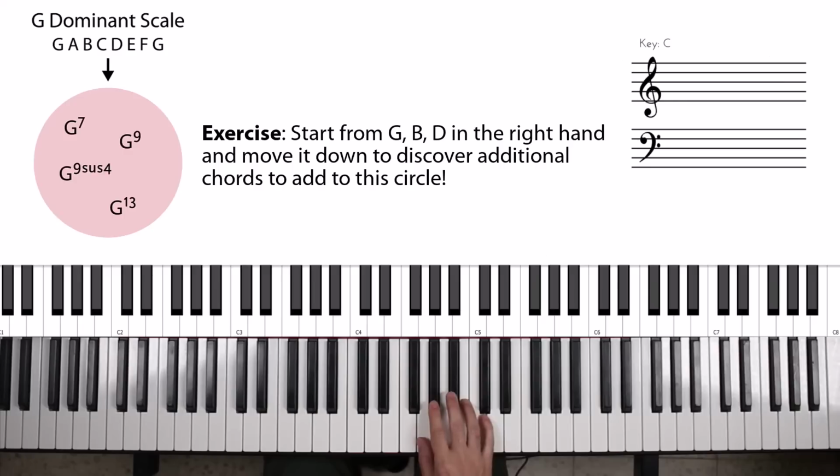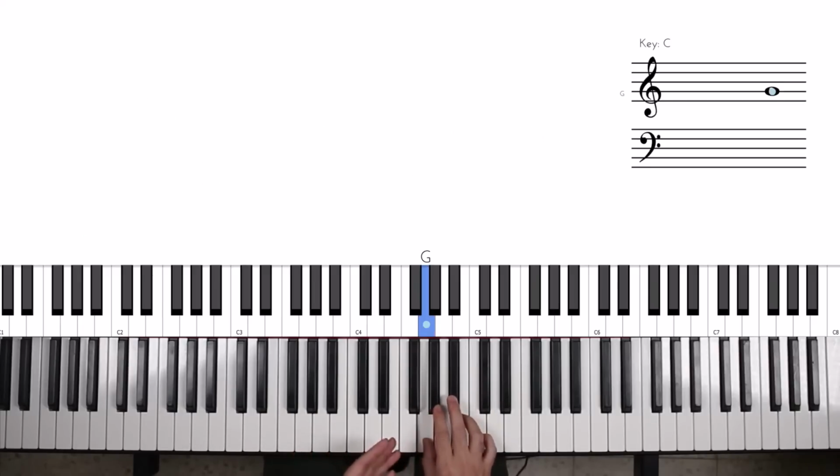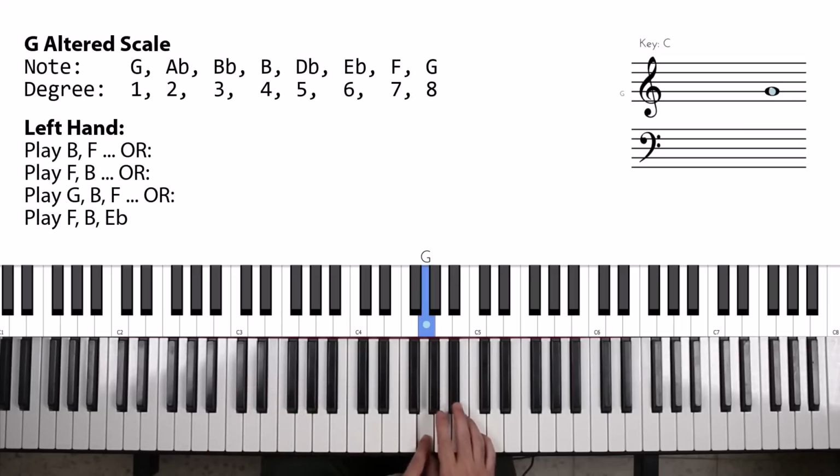Now, it turns out that you can play other scales that are similar to the dominant scale, starting with G, but there aren't that many of them that produce interesting combinations. One particular scale that produces very interesting combinations is what's called the G diminished altered scale, and it's constructed in the following way.